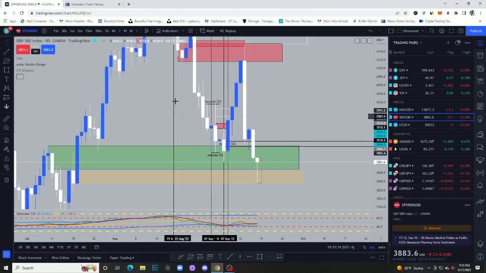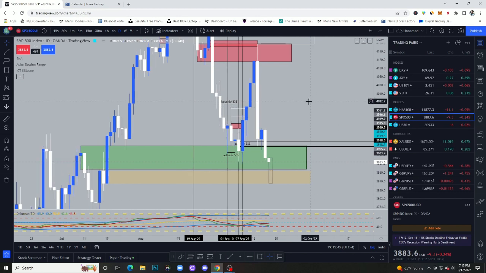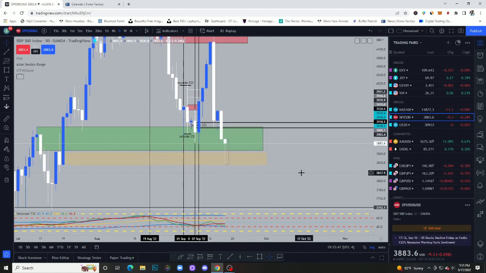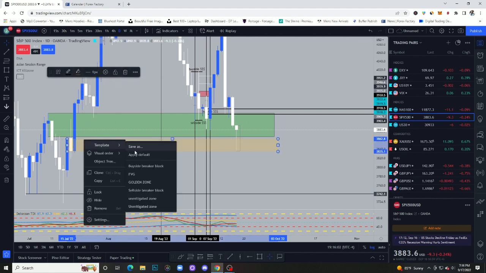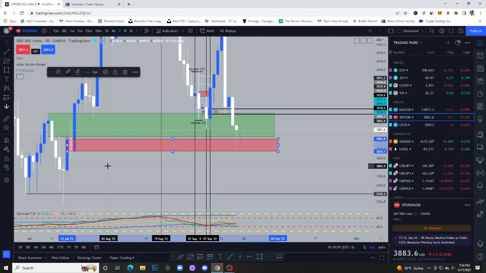And normally when price comes and taps into an area around twice, it's at that point where I expect these levels to be basically traded through or broken through. Especially if price then trades down below this bullish order block right here, then this will turn into a bearish breaker block.